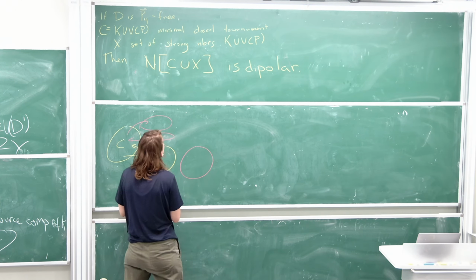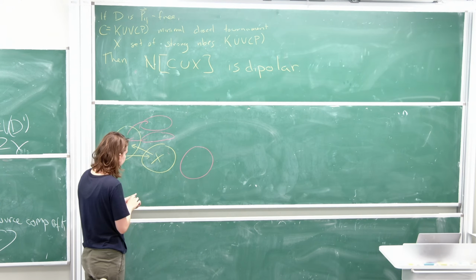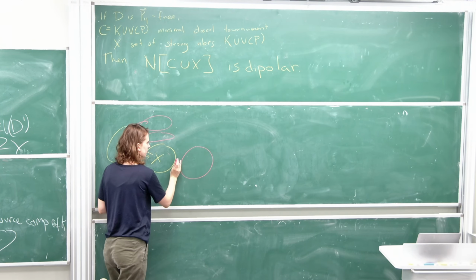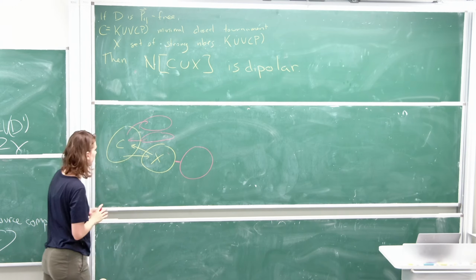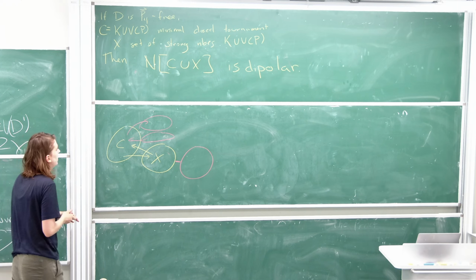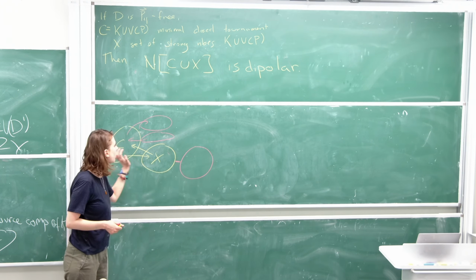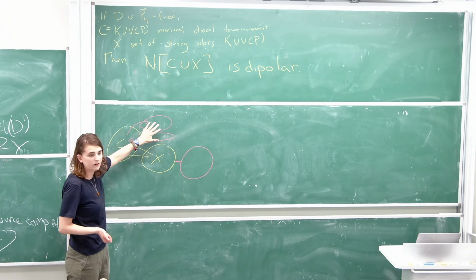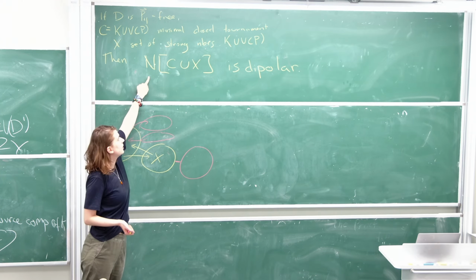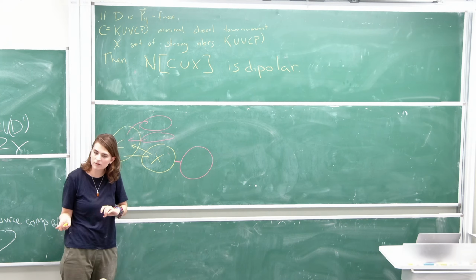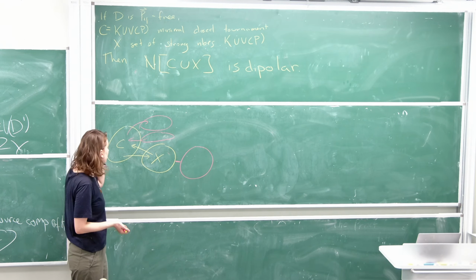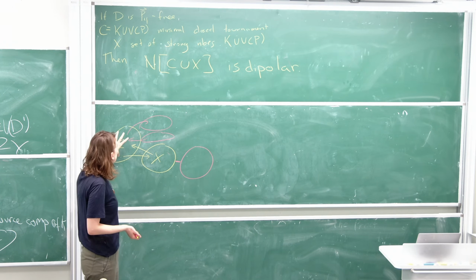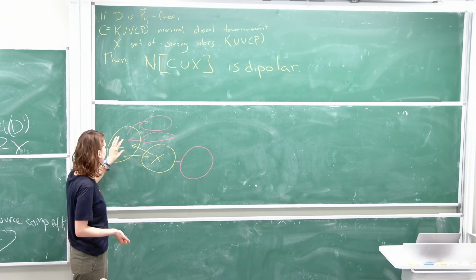And it also contains all neighbors of X. So I guess I'll just draw an edge without a direction to indicate they're neighbors of X. And clearly the neighbors of X that aren't neighbors of C and the neighbors of C that aren't in X are the only vertices of the closed neighborhood of C union X that can have edges to the rest of the graph, because we put the entire neighborhood in.